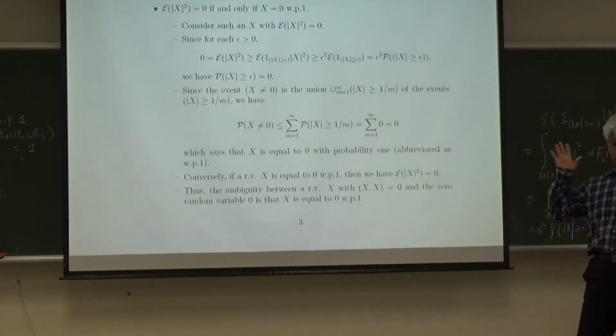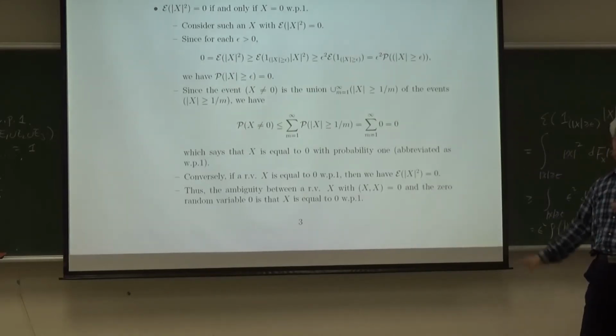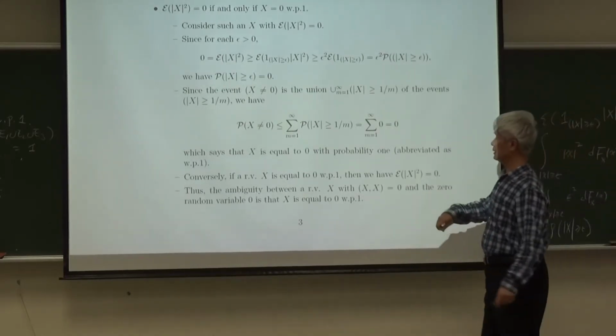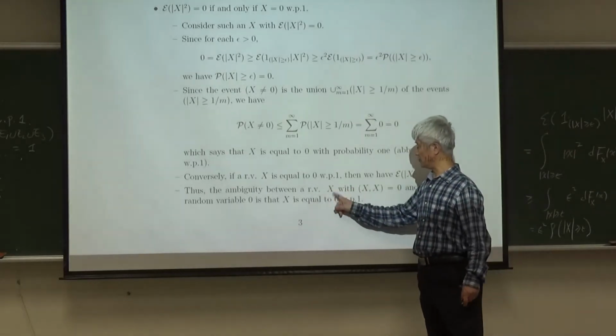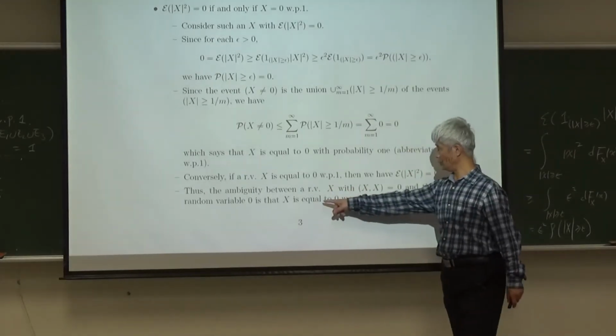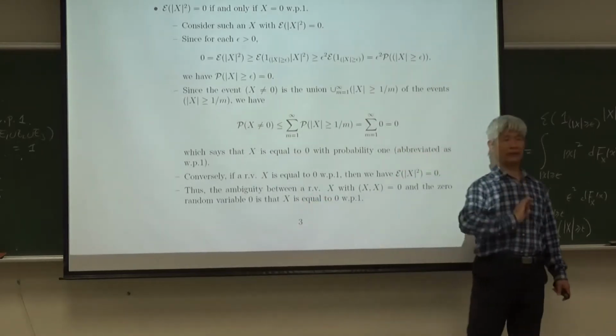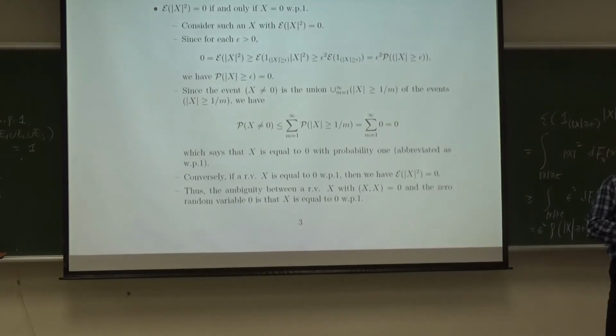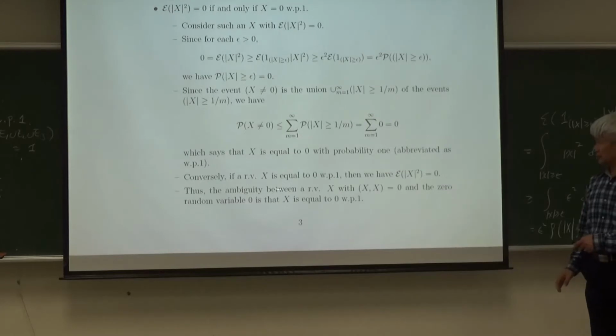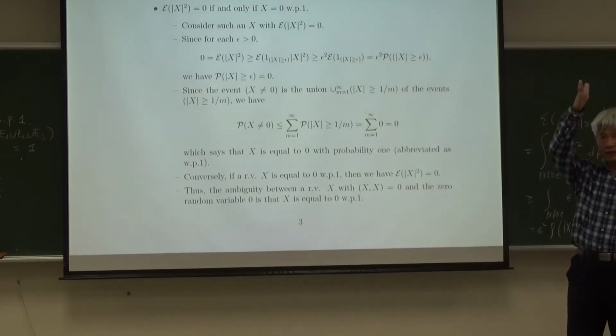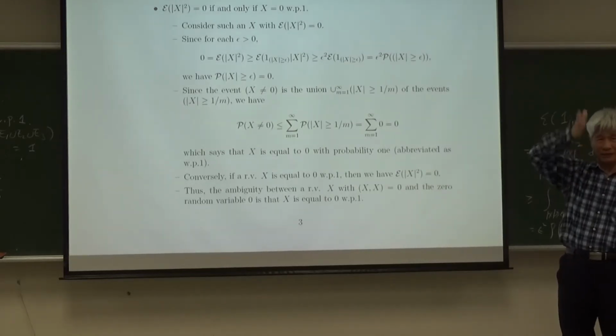So in the second order process, in these discussions, we will identify a random variable which is equal to 0 with probability 1 as the 0 random variable, because the distribution of X is the same as the distribution of the 0 random variable. All the probability is concentrated on 0.